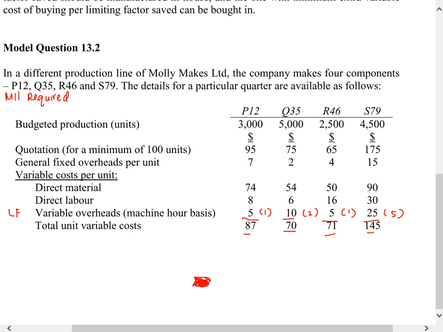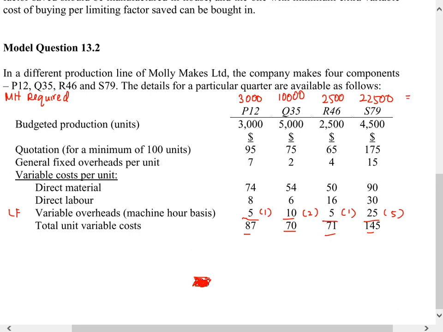Machine hours required: 3,000, 10,000, 25, 22,500.